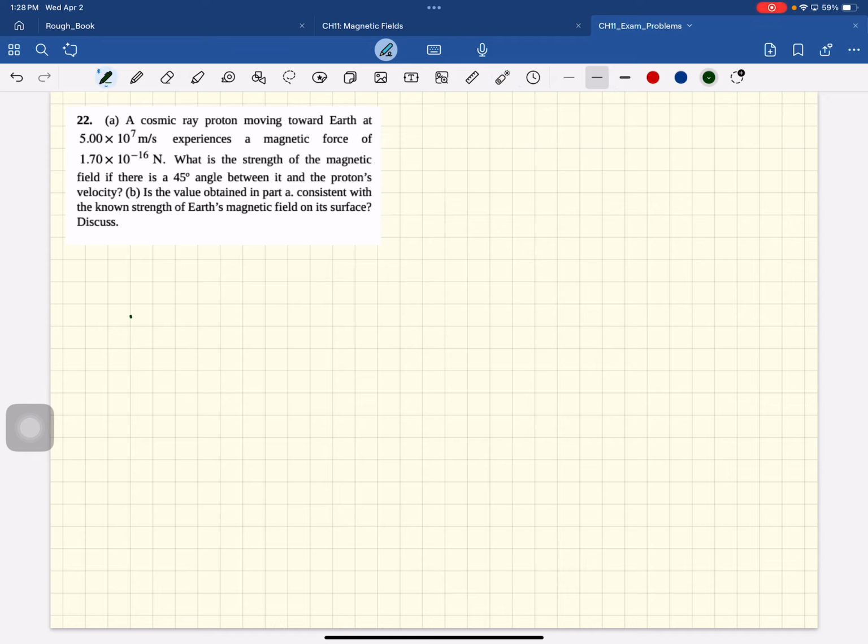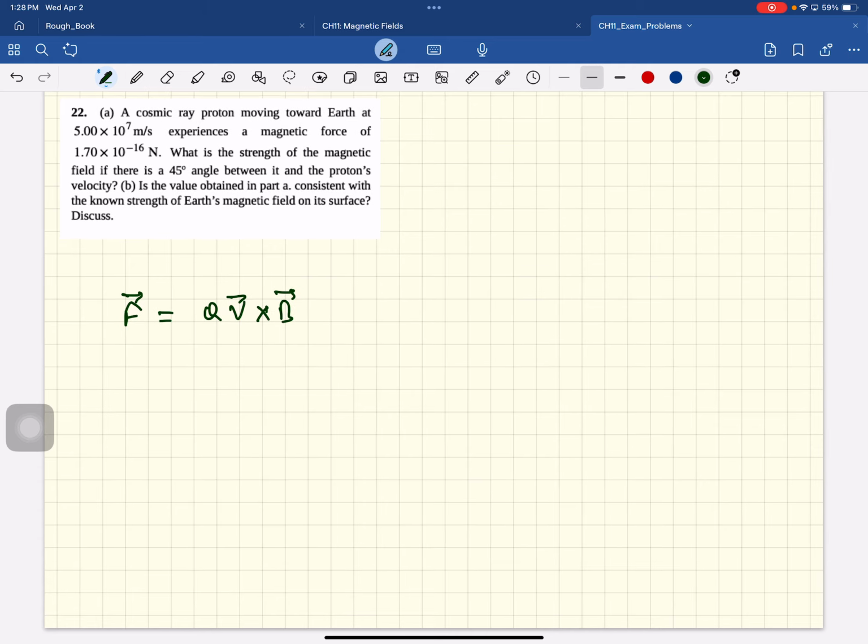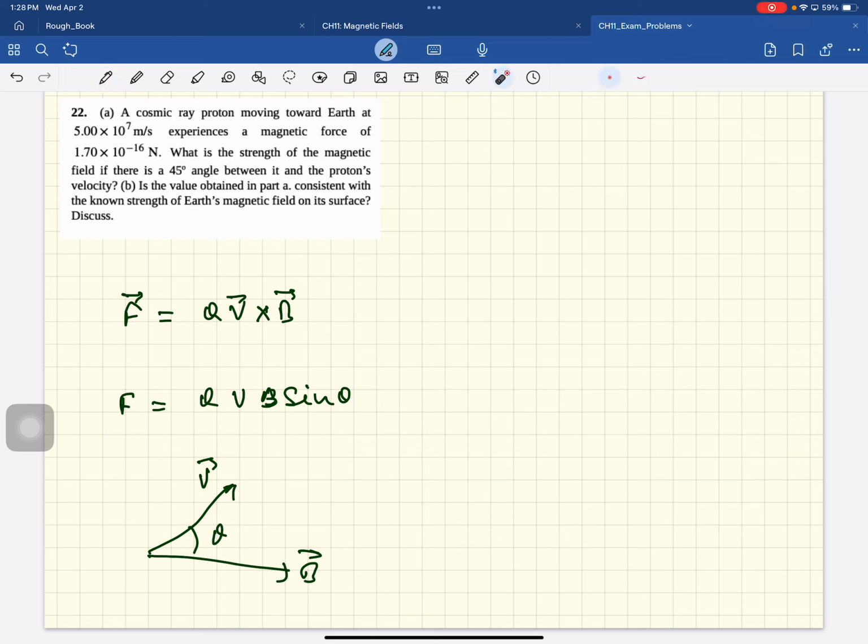Okay. So again, the magnetic force is q V cross B, and the magnitude of the force is q V B sine theta, where theta is the angle between the velocity vector and the magnetic field vector. They give you the angle to be 45 degrees, and they give you the magnitude of the force.